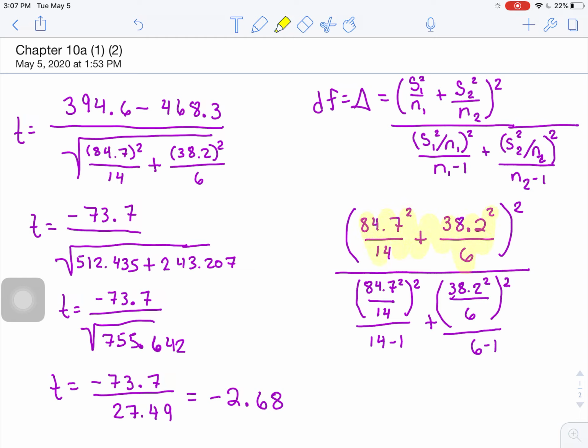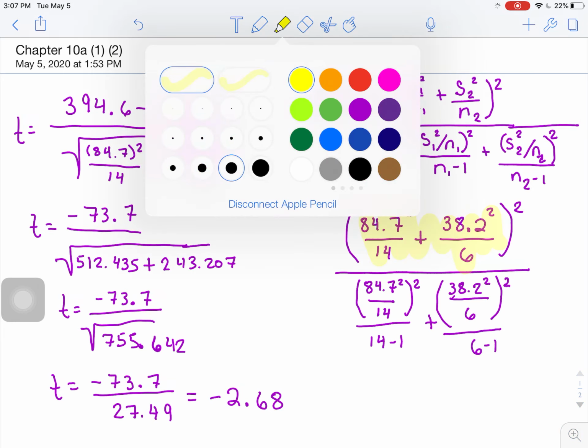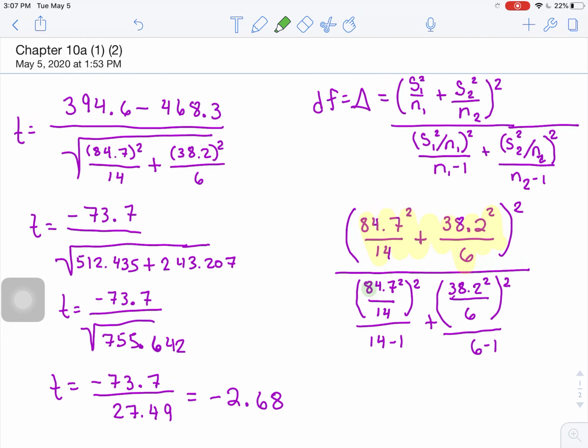My advice to you is to go ahead and calculate this portion first, rewrite your numerator, and then square it. And then when you're doing the other ones, do this first before dividing it.